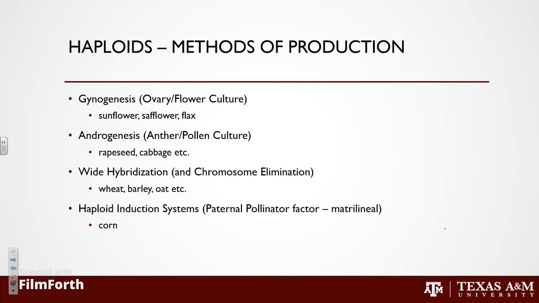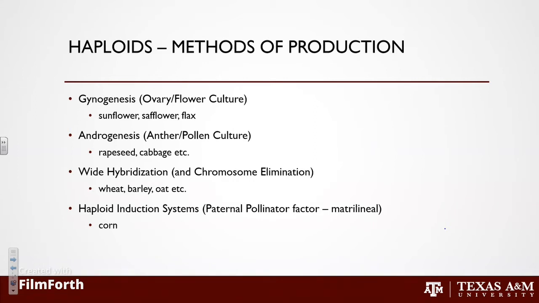More recently, in the last 30 to 40 years, the concept of wide hybridization with subsequent chromosome elimination has occurred. And what we mean by this, and it works quite well in many of our cereal grains, especially the small grains, you take a wheat plant or a barley plant. In barley, you can actually use a related species of Hordeum. Wheat and oat actually rely primarily on maize pollen.